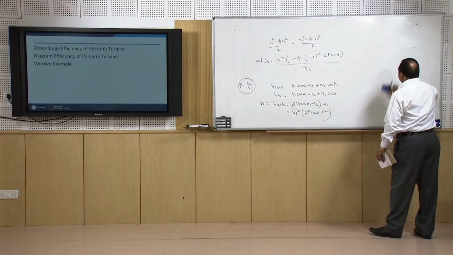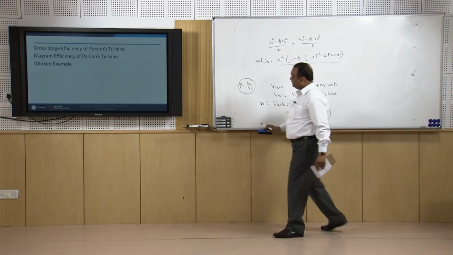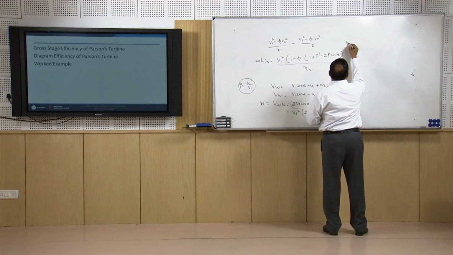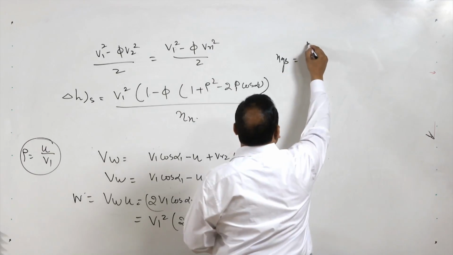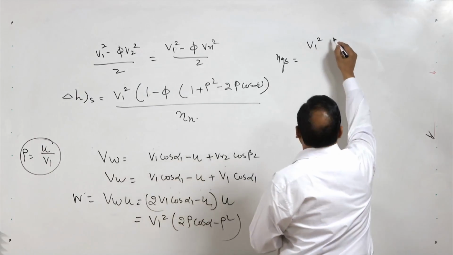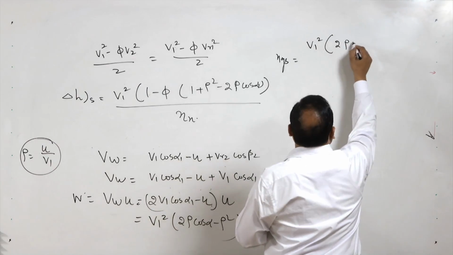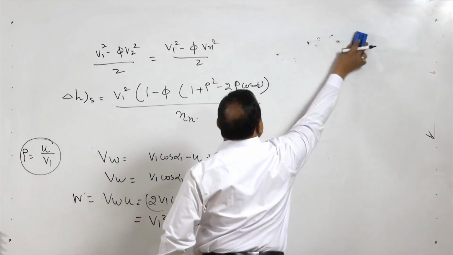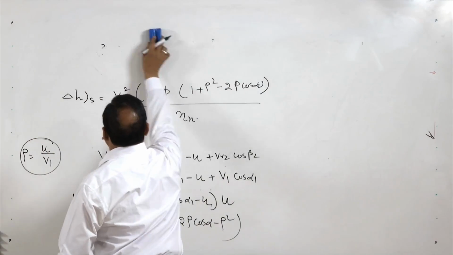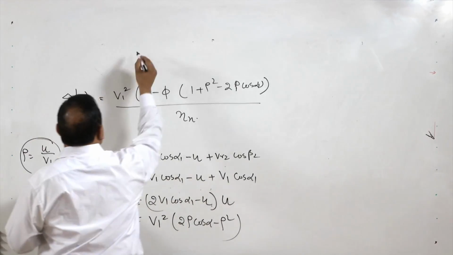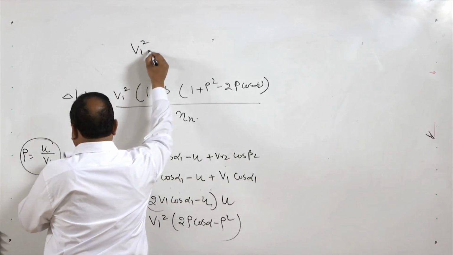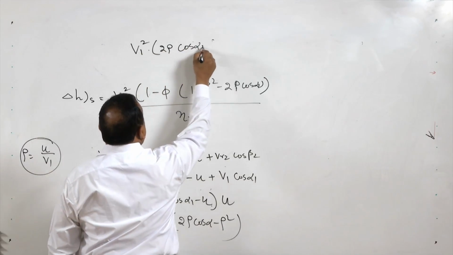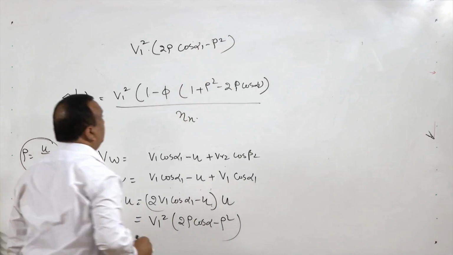For Parsons turbine, the Gauss stage efficiency is going to be V1 square 2 rho cos alpha 1 minus rho square.